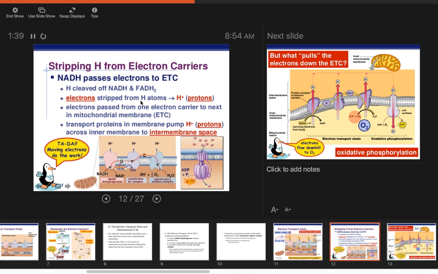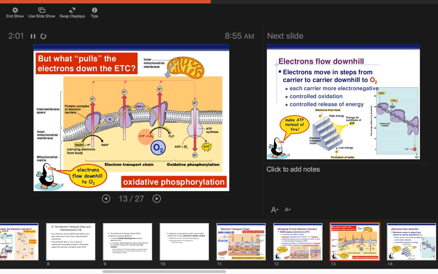All right, so basically you're just dropping off electrons, building up that proton gradient, and it's going to go through that ATP synthase. Electrons are stripped from these H atoms. That's why it's just H plus, and they travel through the ETC, building up that proton gradient. So electrons are doing a lot of work here with their energy. And then this is what pulls the hydrogens across.